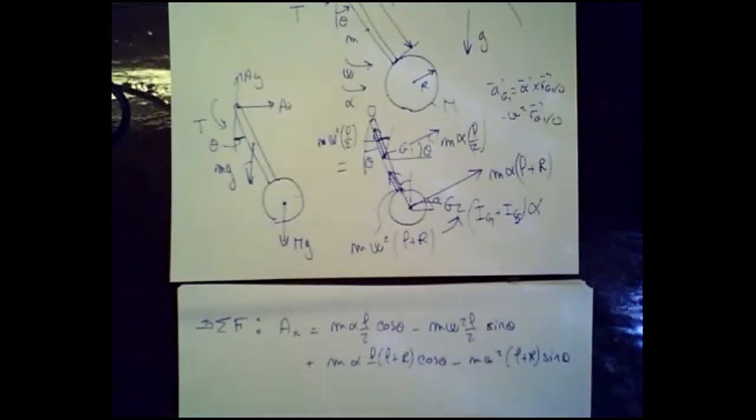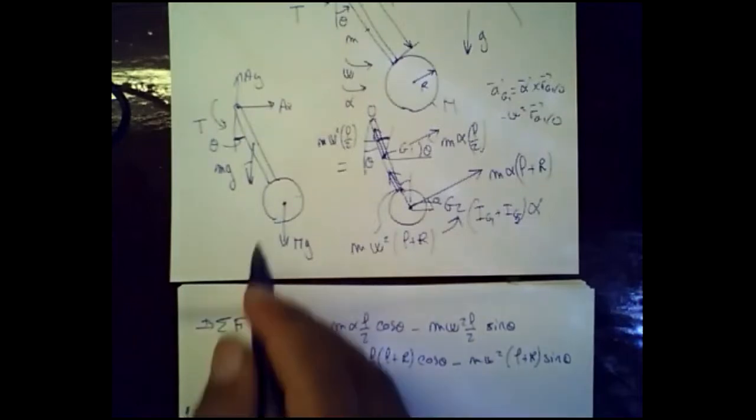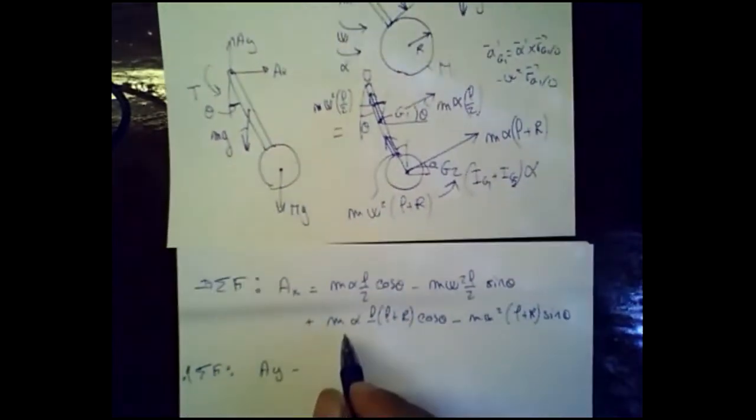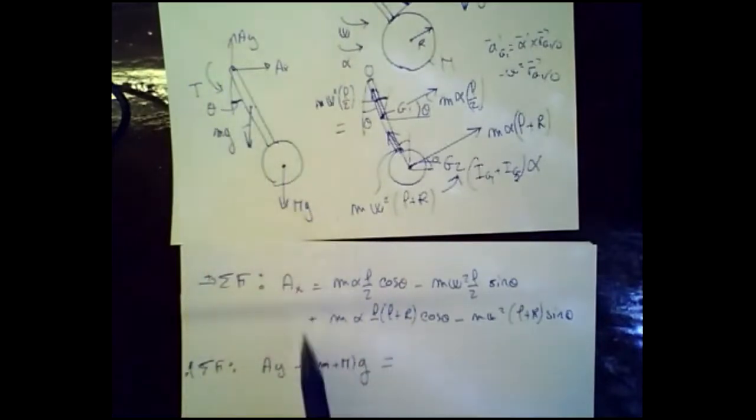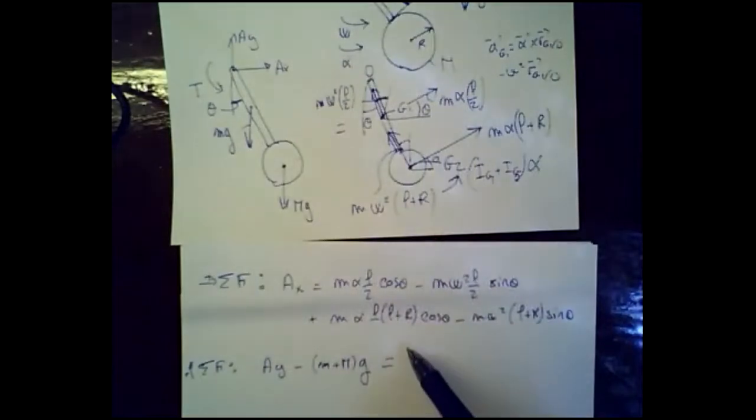And that's it, right? If I want to get the force in the y direction, I'm going to end up with AY minus the two weights, which are M plus big M, times G. So AY minus MG minus big MG. And then here I'm going to take the vertical components of these inertial accelerations.